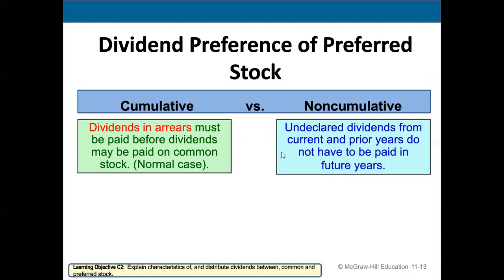So cumulative dividends are kind of like guaranteed dividends for the preferred shareholders, whereas with non-cumulative dividends, there's no guarantee. If the business doesn't pay dividends one year, the shareholders just don't get a dividend, and the next year they'll have to see if they can get one.